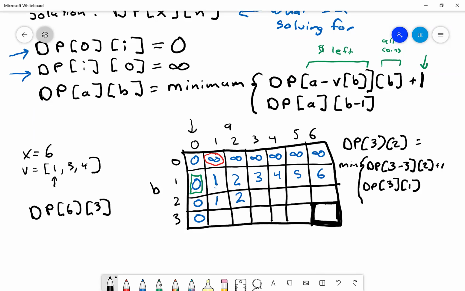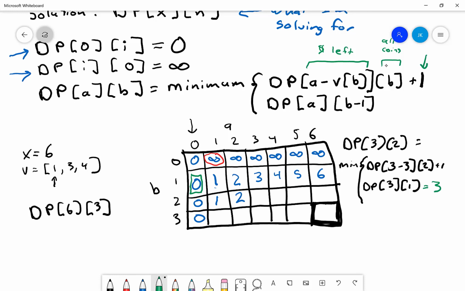Now, basically, if we say that we have the dp of 3, 1, this bottom one down here, that's already been computed, that's 3. In other words, if we only have coins through 1 available, and we need to make change for $3, we had to use 3 coins.